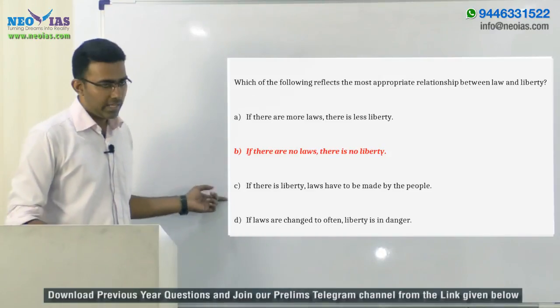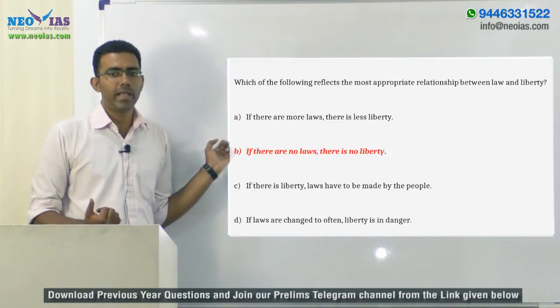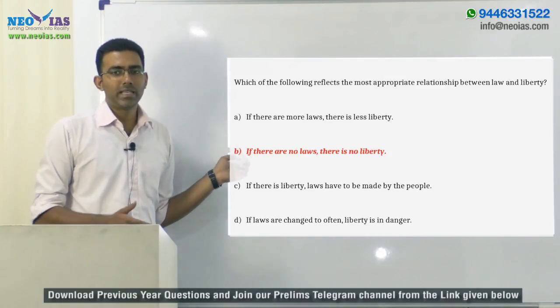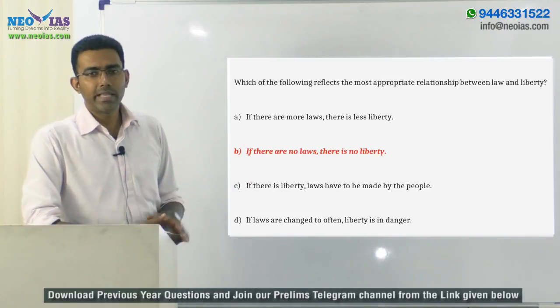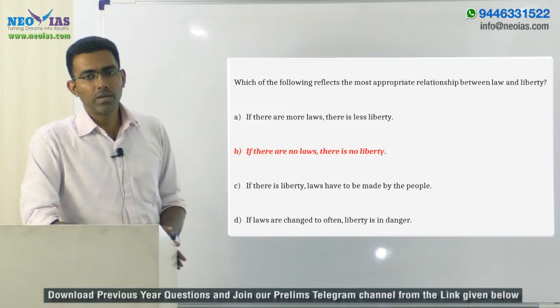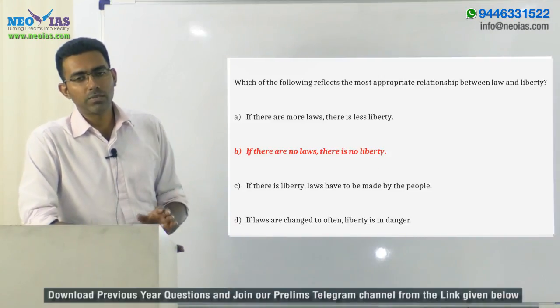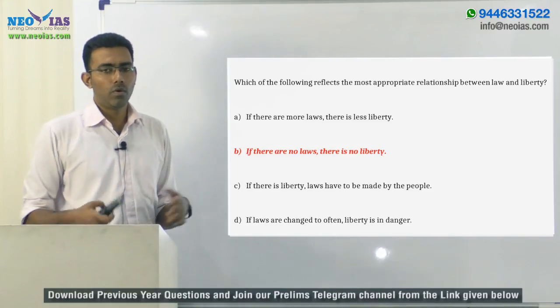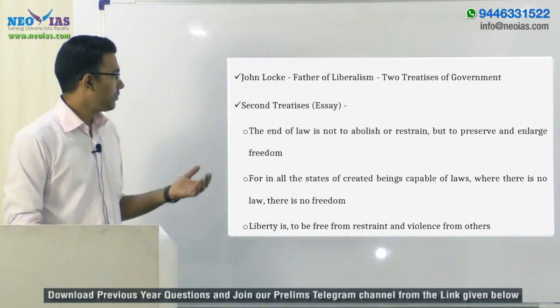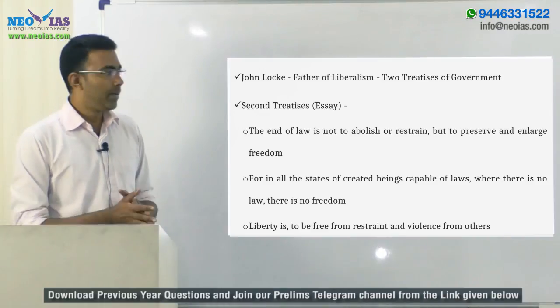Now, regarding B and C, if you are having doubt between B and C, understand that B is actually the answer, because this is a phrase that has been given by John Locke. He was an English philosopher, and he wrote Two Treatises on Government, also known as two essays. He is also known as the father of liberalism.